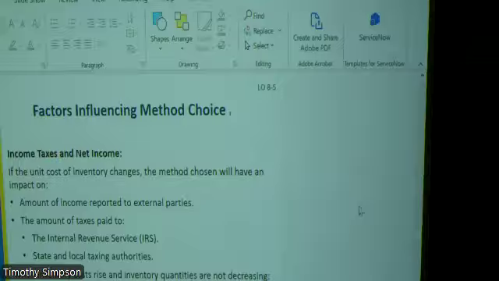I know that sometimes people mention the LIFO conformity rule, which we're going to talk about in a second, that says that whatever you do in taxes with regard to inventory valuation, LIFO, FIFO, whatever, you're going to have to do for financial reporting purposes if you're a publicly traded company.